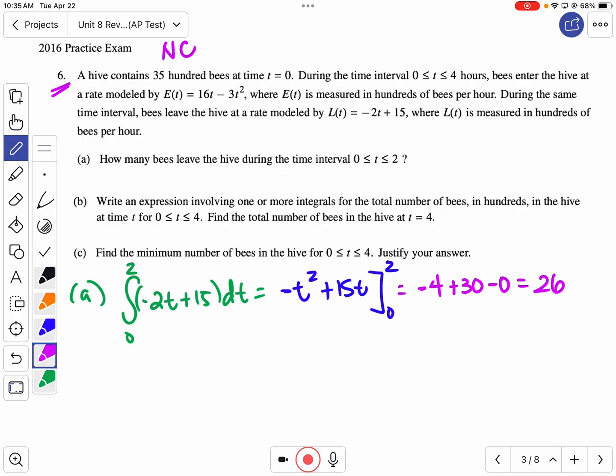If you leave it like that, you said there were 26 bees that left. How many bees actually left? 2,600. So you have to pay attention to the units. That problem in and of itself, not difficult. It was worth 1 point.